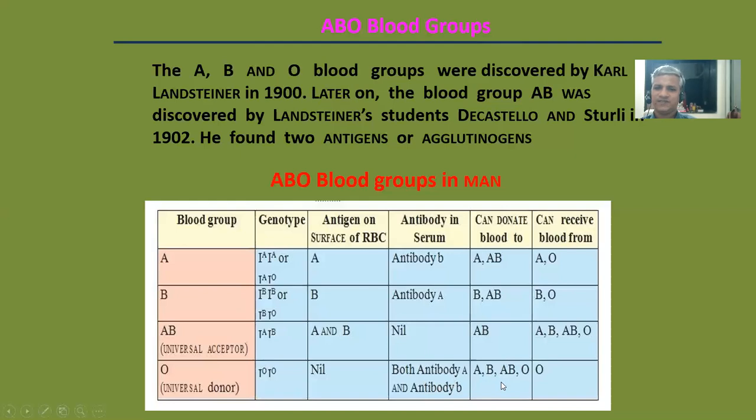These persons can donate blood to the persons having blood group A, B, AB and O, but the persons having blood group O can receive the blood from O type of blood only. So the persons or individuals having AB blood group are described as universal acceptor, while the persons having blood group O are universal donor.